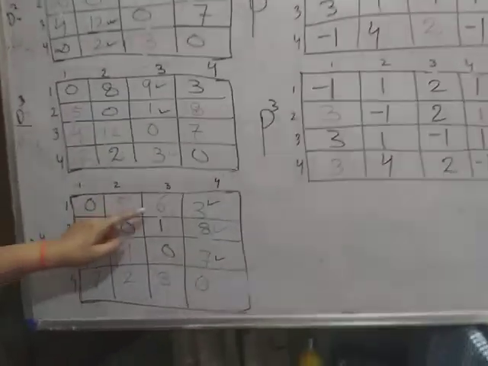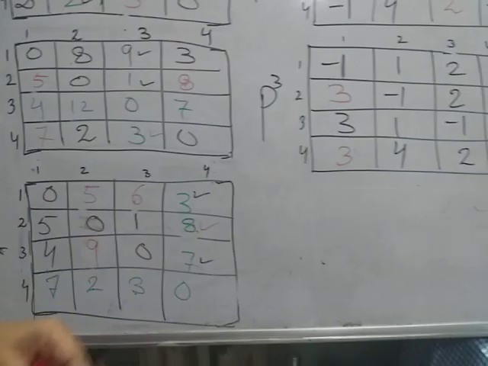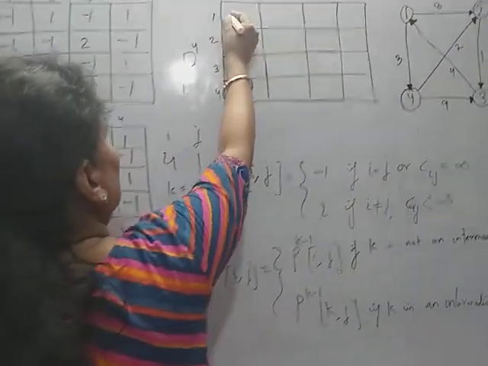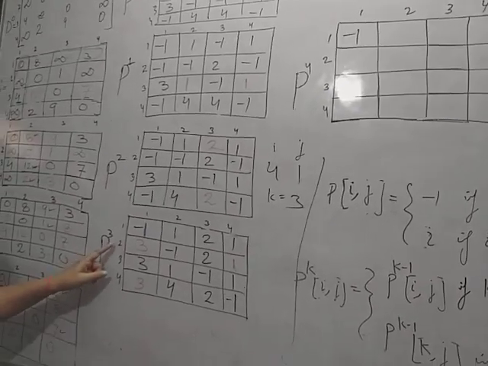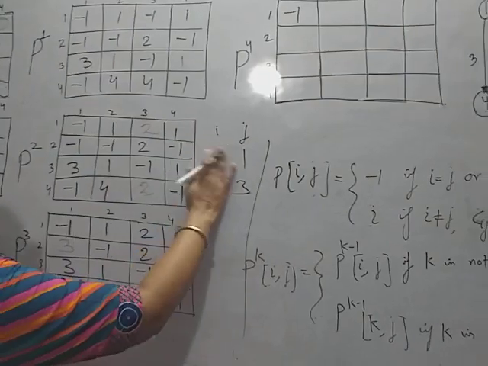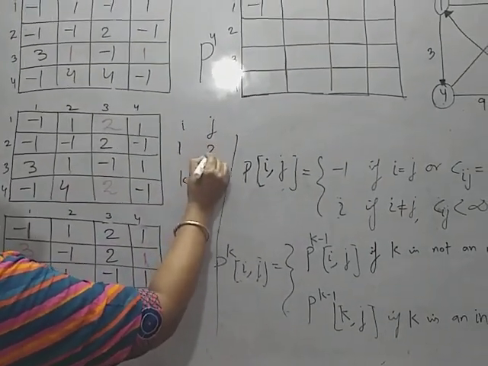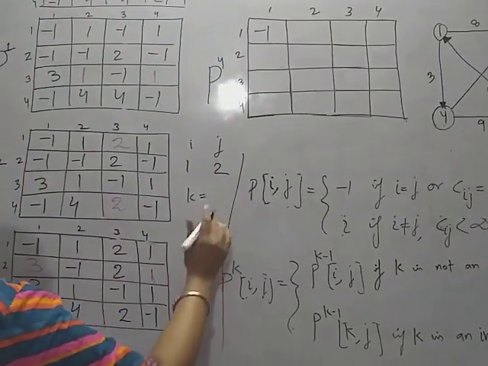P4, the 3 entries have been changed. Okay, see. So first all other entries will be copied. So minus 1 from this matrix P3 and 1, 2. Here i is 1, j is 2, as I am filling the entry P4, 1, 2. k is 4. Okay.